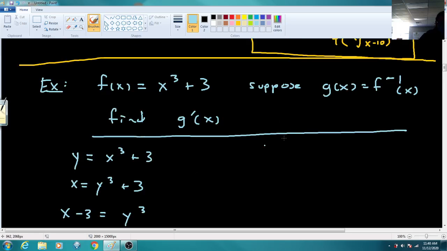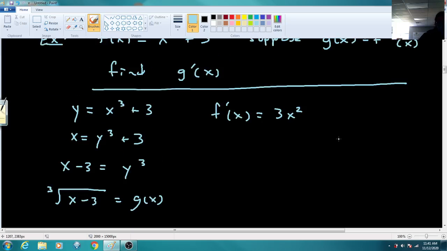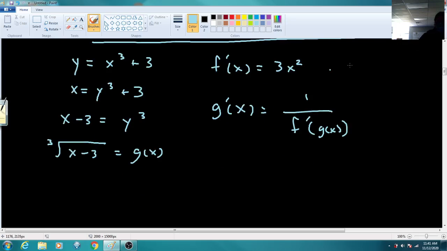To get f prime of x, f of x is x cubed plus 3, so f prime of x is 3x squared. And then when we want to evaluate g prime of x, g prime of x is 1 over f prime of g of x. So it'll be this f prime equation here with the g of x function plugged in for the x.